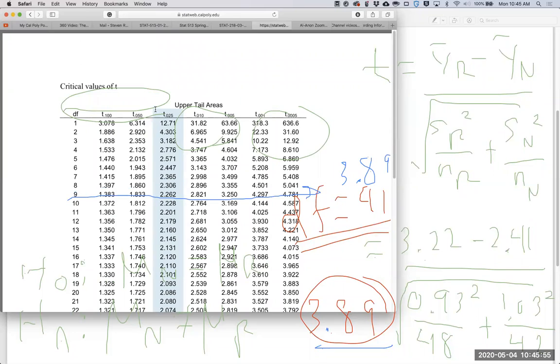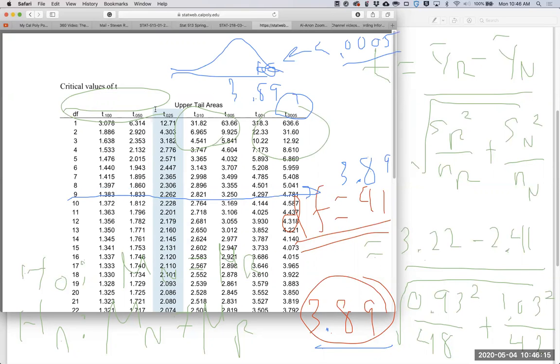less than 0.0005. Literally from 3.89 and up, that upper tail area shaded in there is less than 0.0005.